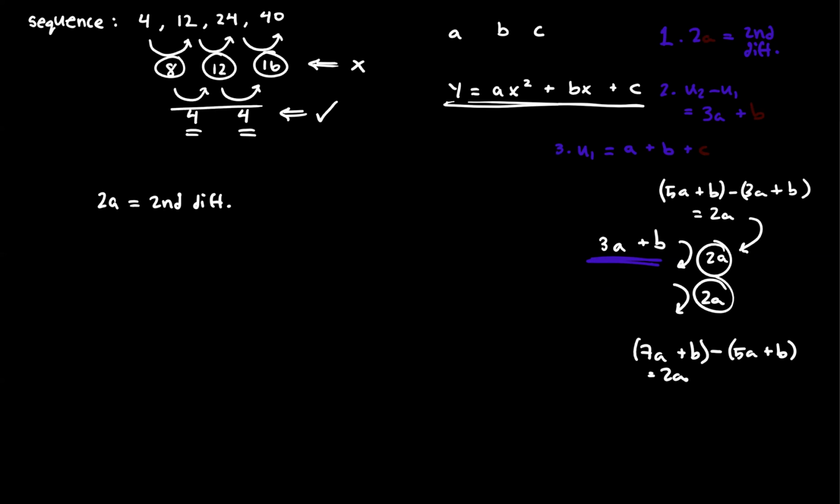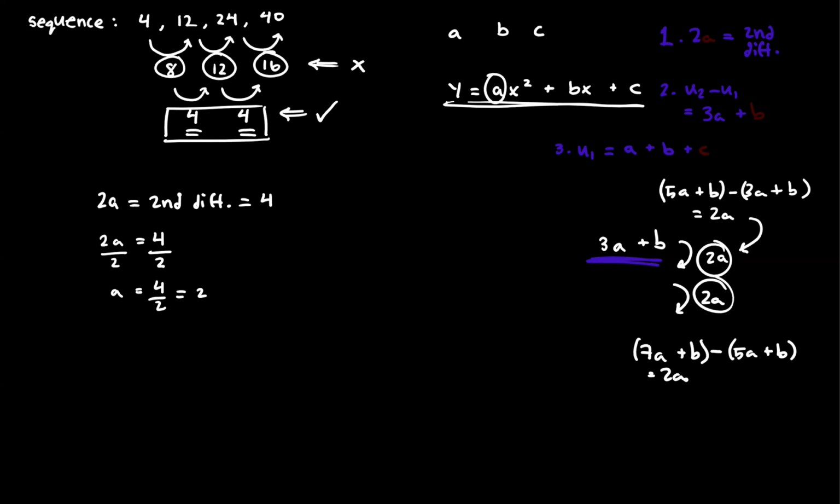Well, we found the value of the second difference for this sequence. For this sequence, the second difference is equal to 4. So we can say that 2a equals 4. Then if you divide both sides by 2, a equals 4 over 2, which equals 2. So now we have the value for a in our general equation.